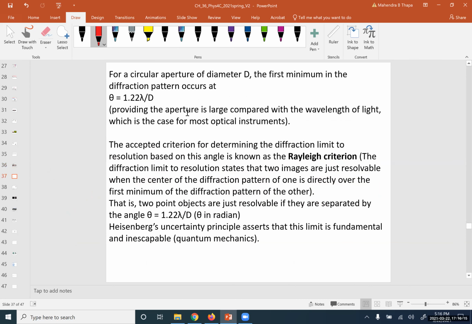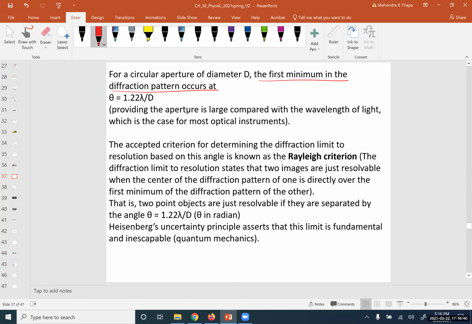So there is a rule for that. If a circular aperture has a diameter d, then the first minimum in the diffraction pattern occurs at theta equals 1.22 lambda over d.